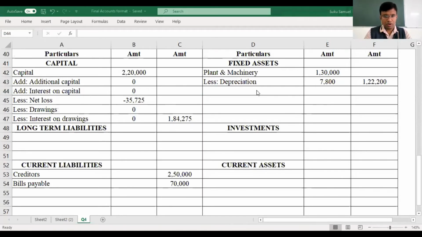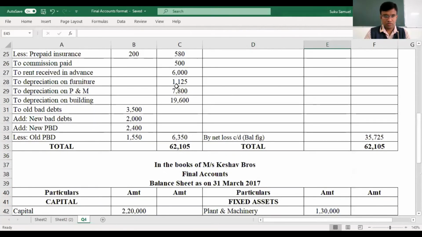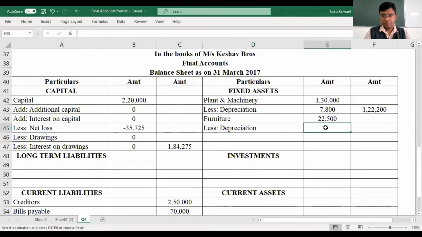Furniture, the amount is 22,500. Then you have building.